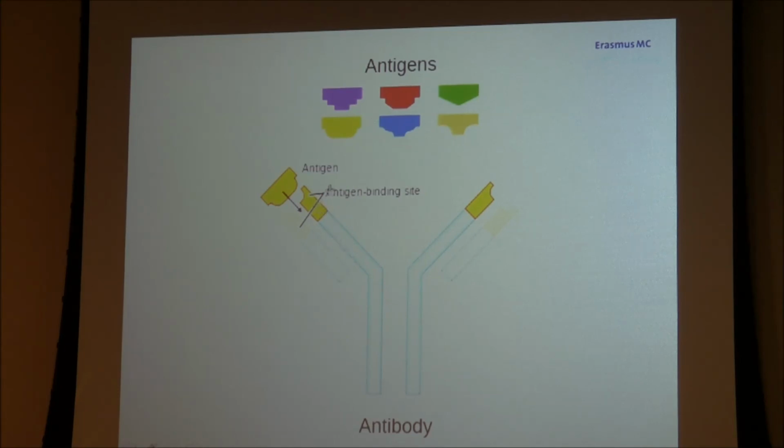In this antibody, only this specific antigen can bind. All the other antigens have a different structure, so they cannot bind to this antibody. So you can imagine in your body you have millions, billions of antibodies specific for all kinds of bacteria, viruses, etc. You need an enormous amount of very specific antibodies for recognition of specific patterns.